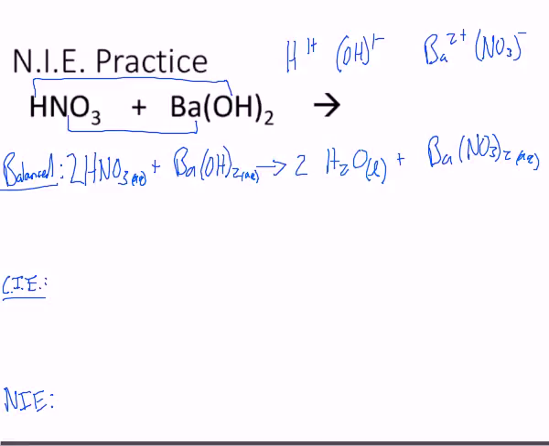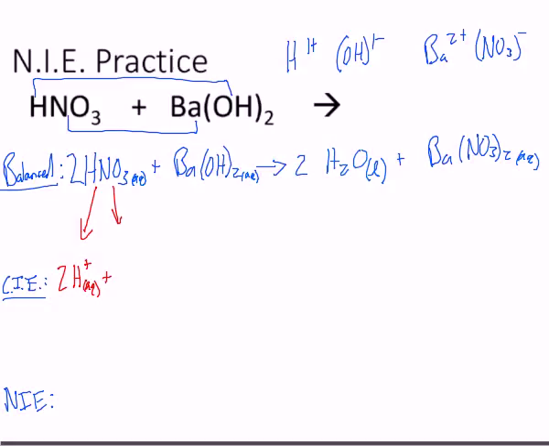So, now we're going to go through and break apart our ions. I'm going to, again, change up color. Can I break up nitric acid? Yes, because it's aqueous. So, what do I get? What are my ions going to be? 2H. Just 2H? 2H with a plus sign, aqueous.